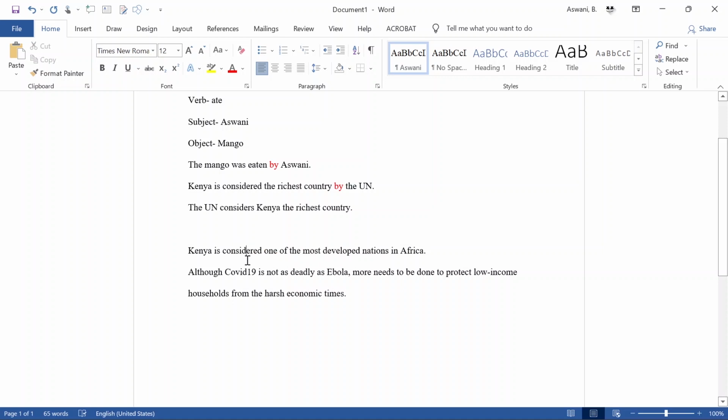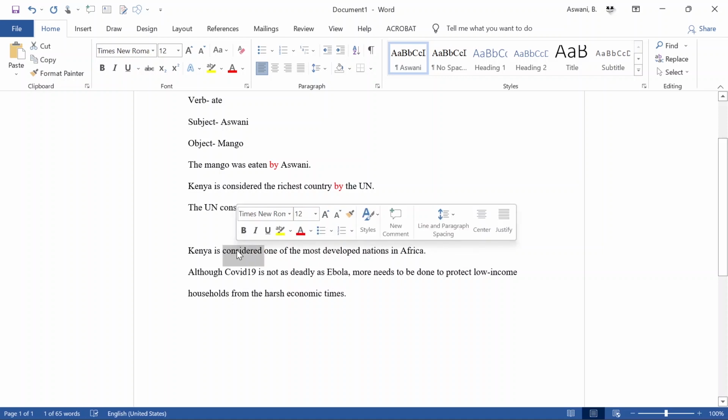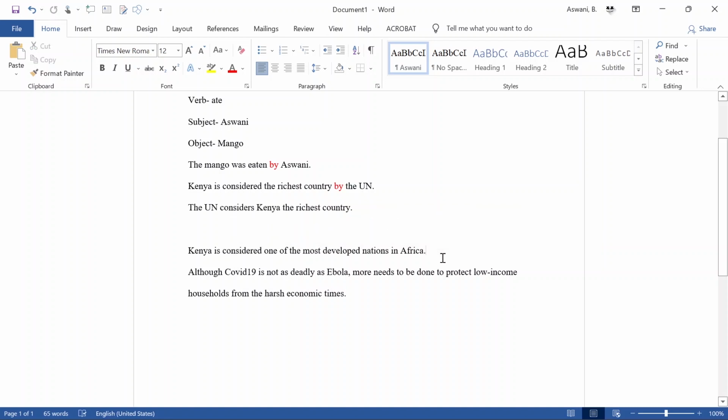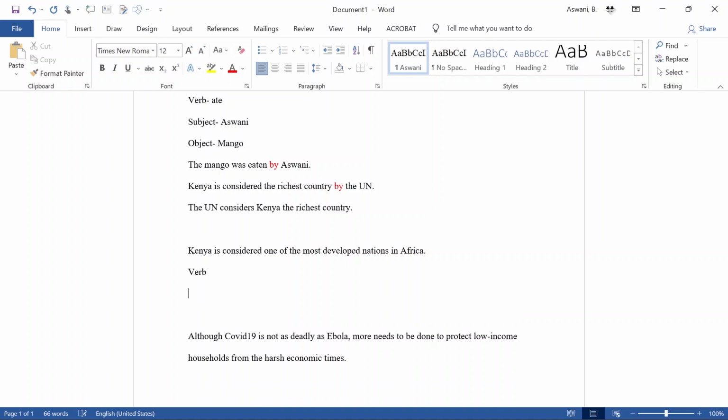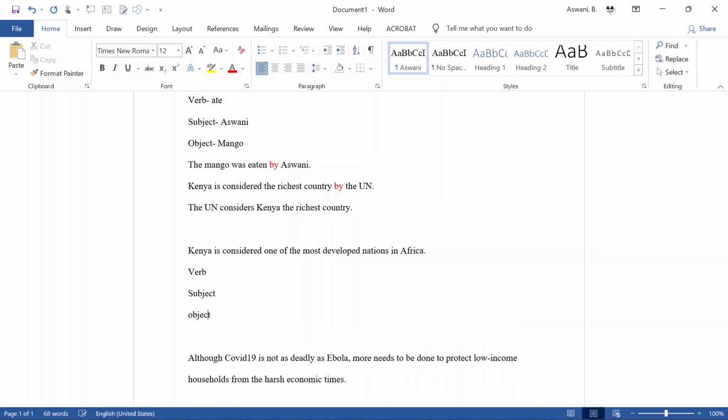There's a verb. The verb here is the word "considered," and who is being considered is Kenya. So if I was to annotate this, we will have our verb, then a subject, and then the object. The verb obviously is "considered." It's just the past tense of the word consider, which is a verb, a doing word.